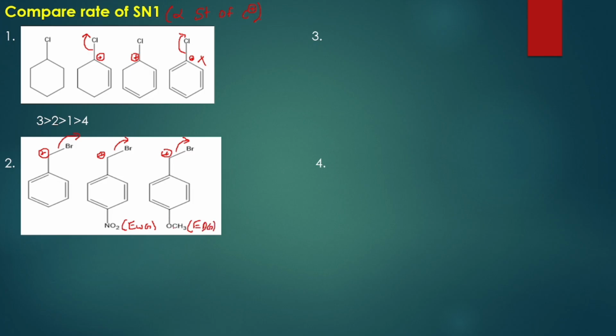So in the presence of an electron donating group, stability of carbocation is directly proportional to the electron donating ability. So let's see here. The answer is 3 greater than 1 greater than 2. Clear answer? Yes, sir. Next question.